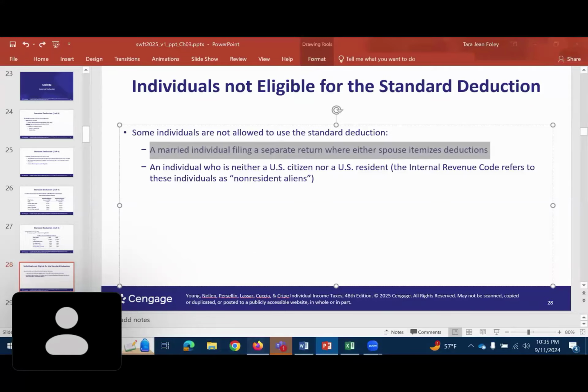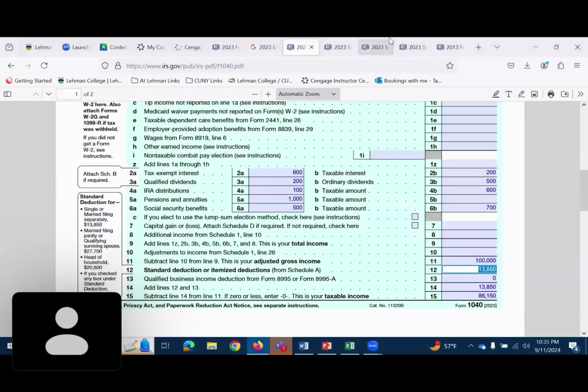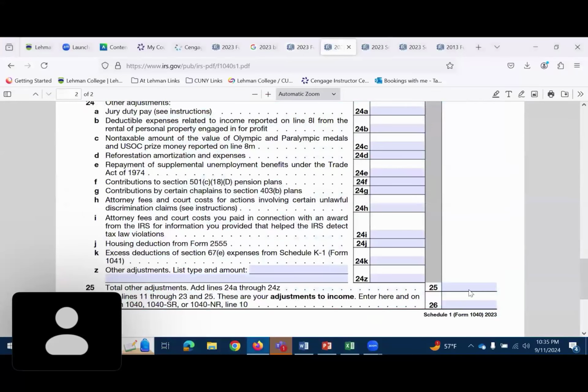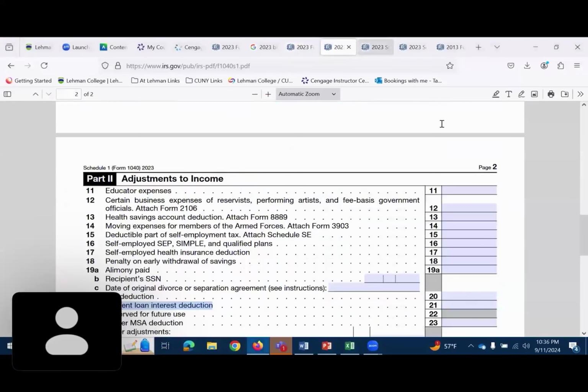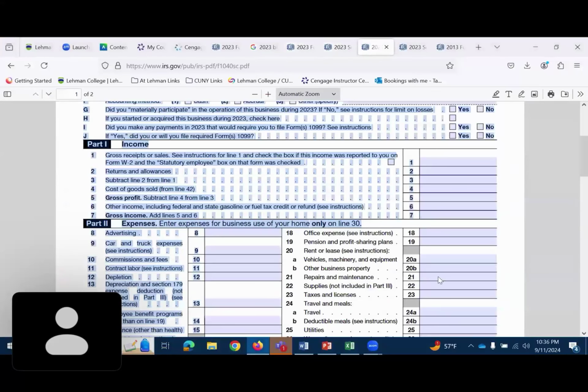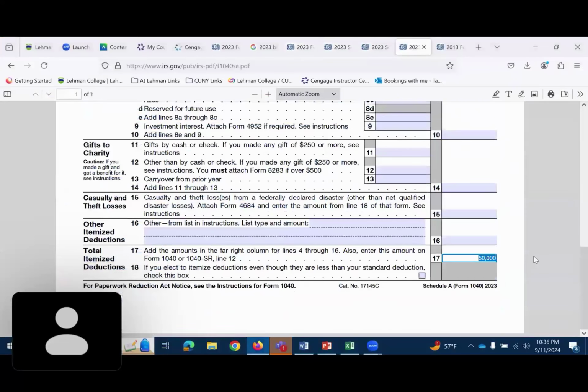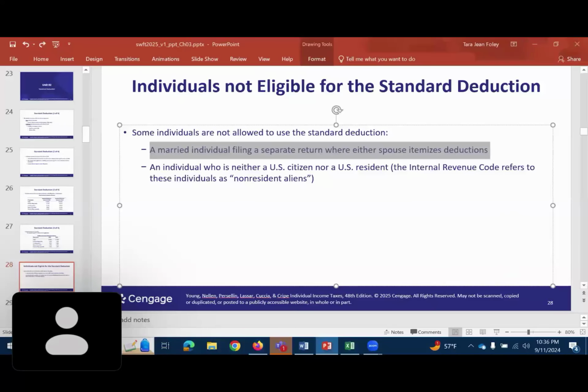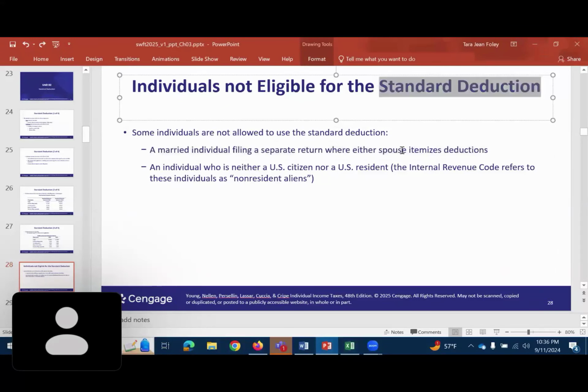Because usually when you're itemizing, there's a lot more there, right? There's the 50,000 that I came up with. So you're not really allowed to double dip. Okay, so you can't use the standard deduction because one of them is itemizing. You put 0 on that line.